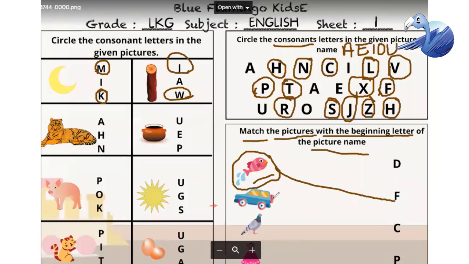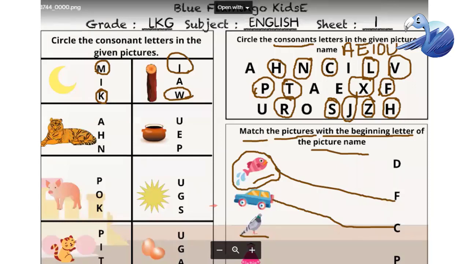Okay. Now the next picture is car. Car. So let's match car with C because C sound is k. Now the next picture is pigeon.